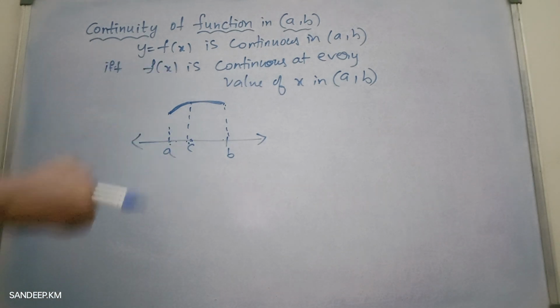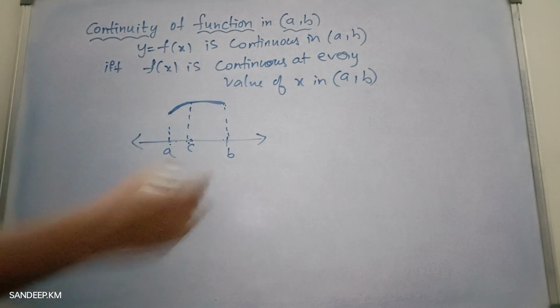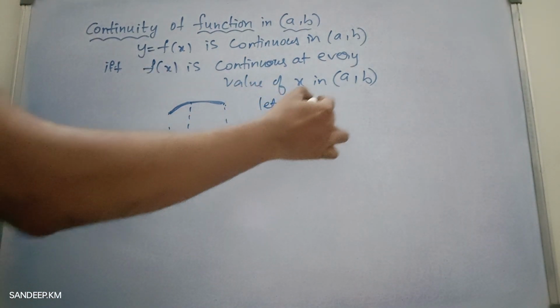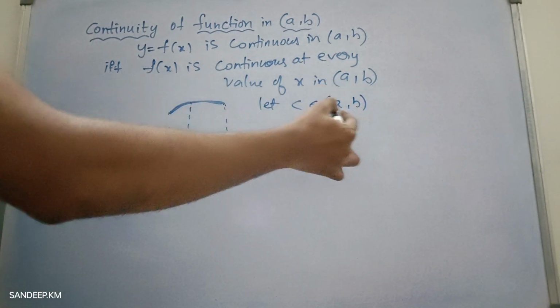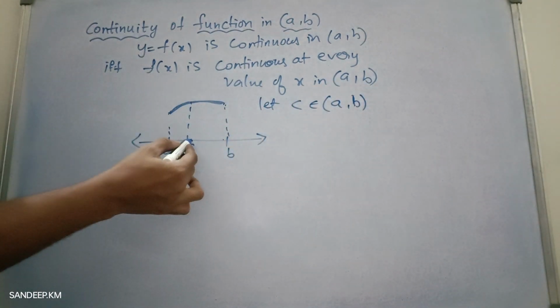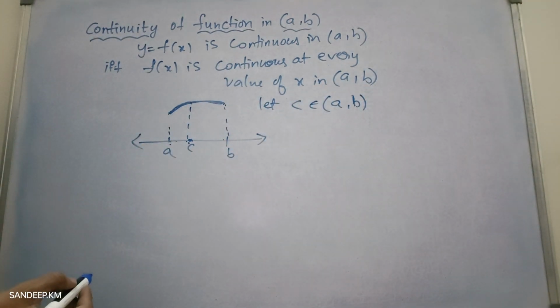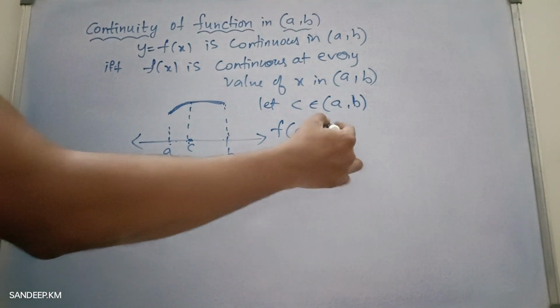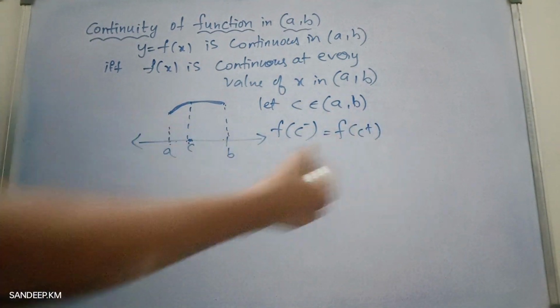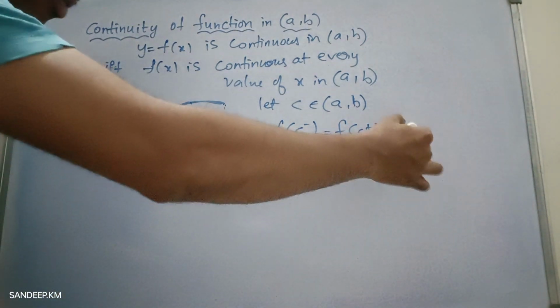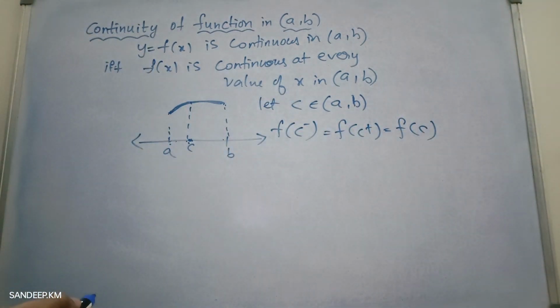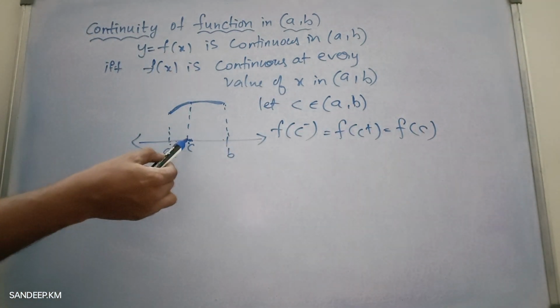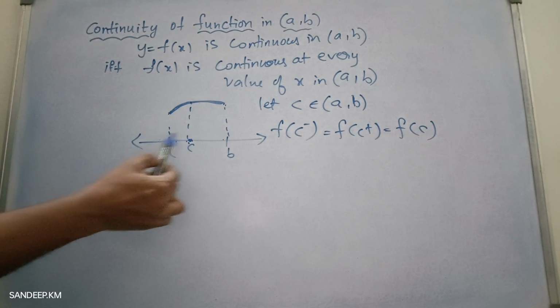In another language, if you want to understand even better, let c be a number in the open interval a comma b. Then, dear students, the left hand limit at c should be equal to the right hand limit at c, which must be equal to the value of the function. You take any real number c between a and b.